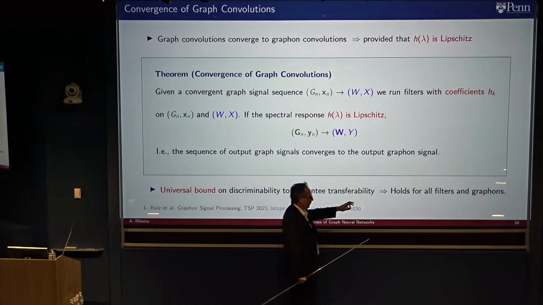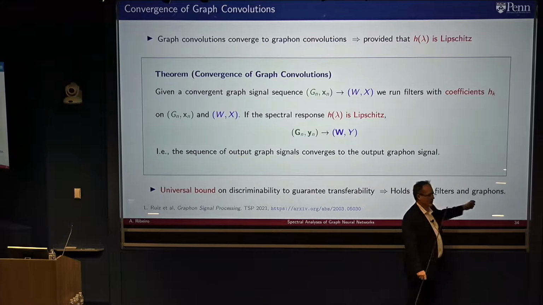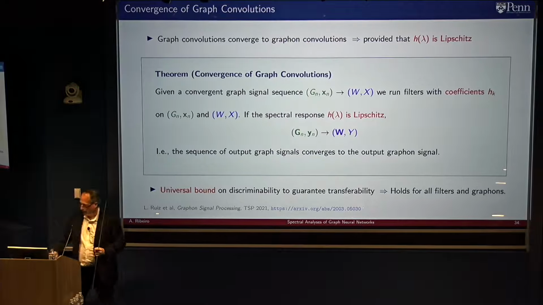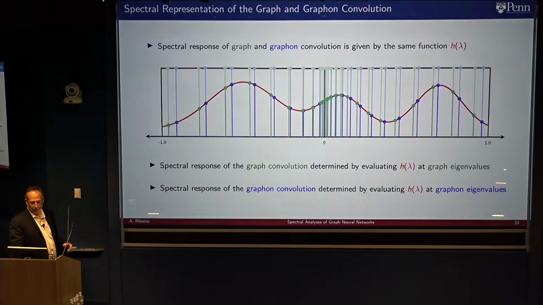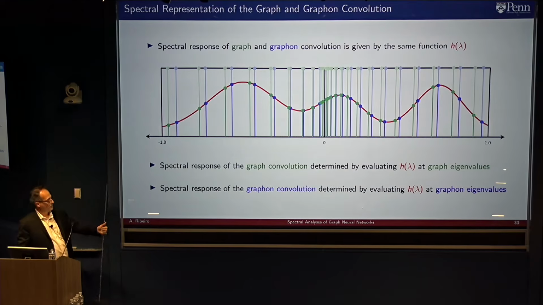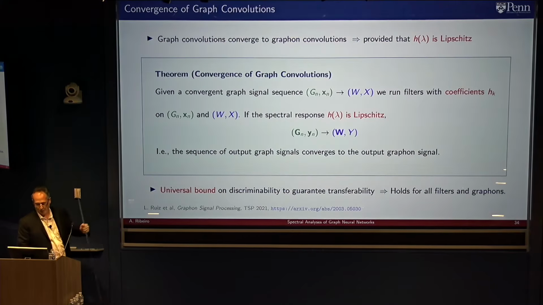This bound holds for all filters and graphons, as long as we have some minimal regularity conditions. The reason is that the analysis is on h of lambda. It has nothing to do with the specific graph or graphon. The only thing I need is that the eigenvalues of the graph sequence converge to the eigenvalues of the graphon. As long as that is true, this theorem will hold.